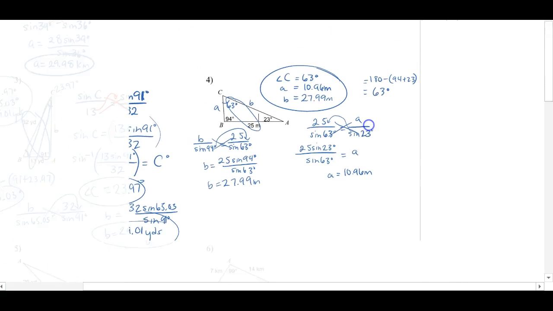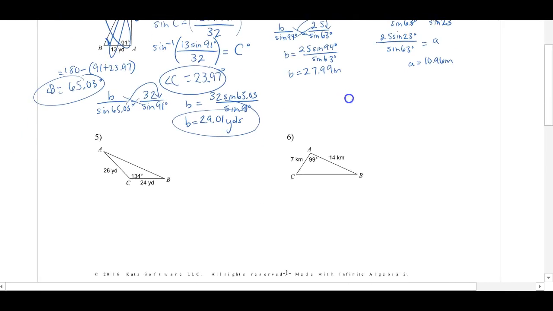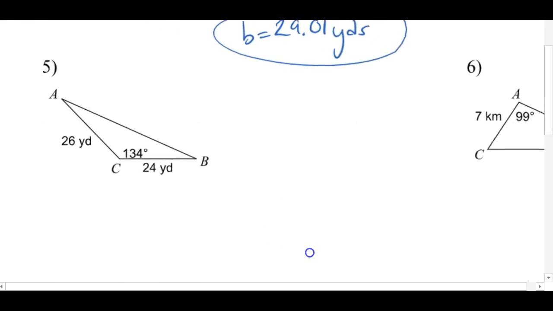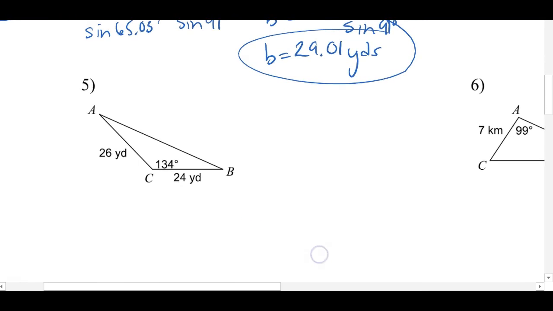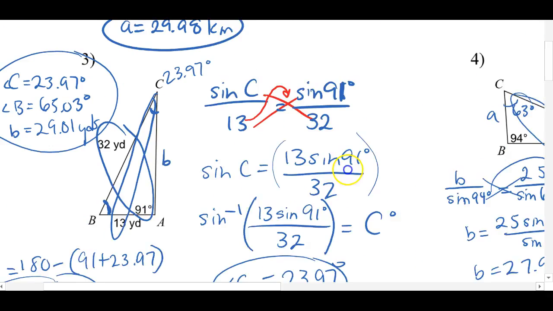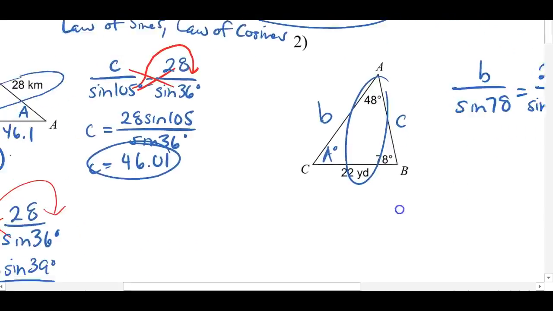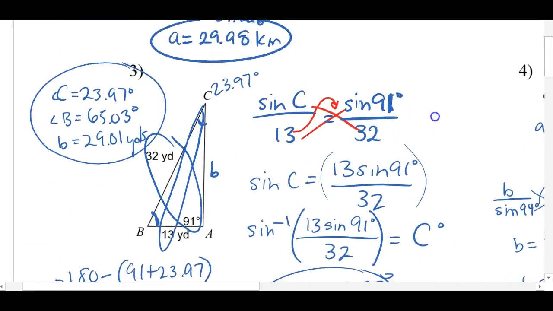Okay, let's take a look and find one where we have to find with cosine, and that would be these cases here. Let's compare it to the first one. We've got two sides and an angle. Did we have that before? No, the other ones we had two angles and a side.